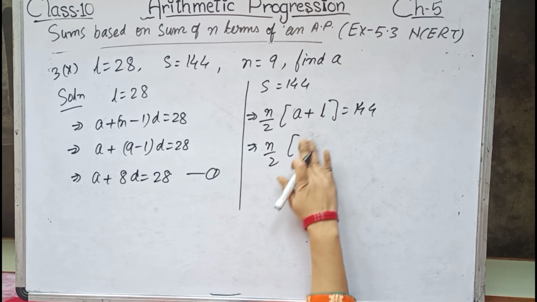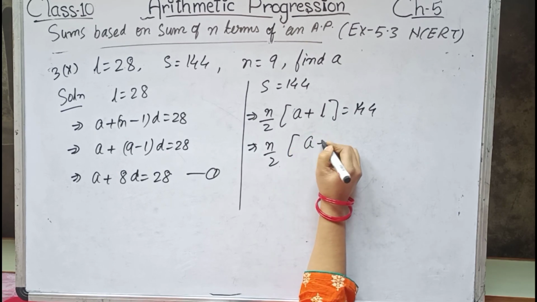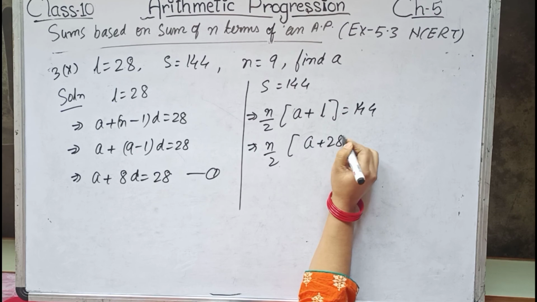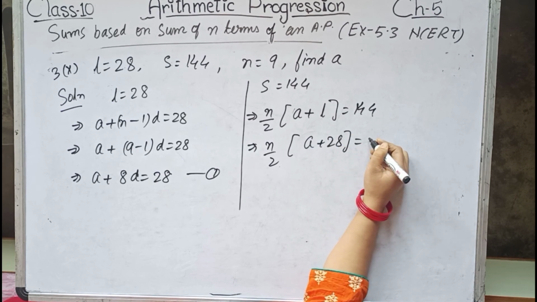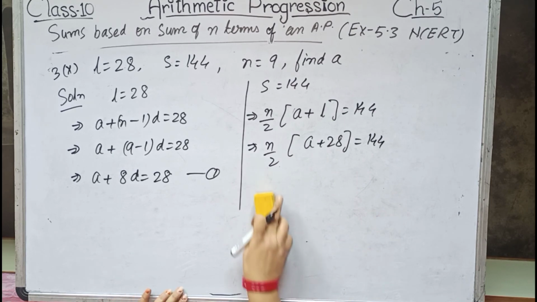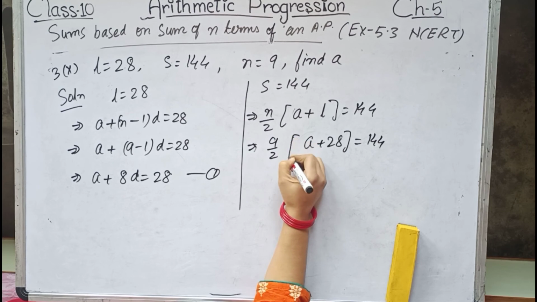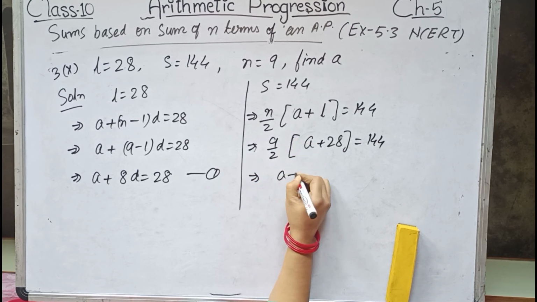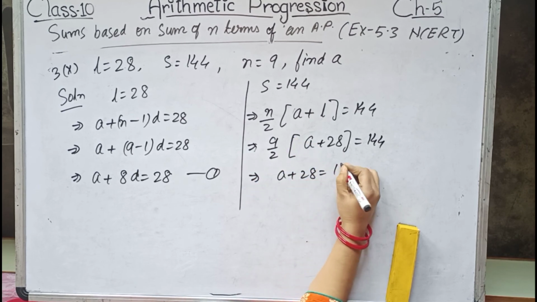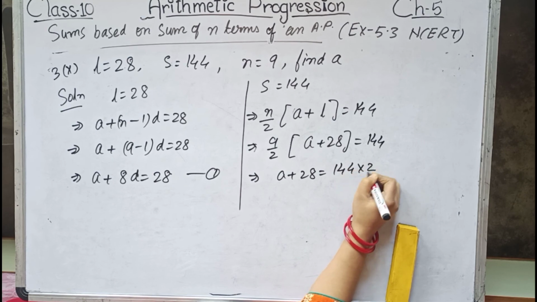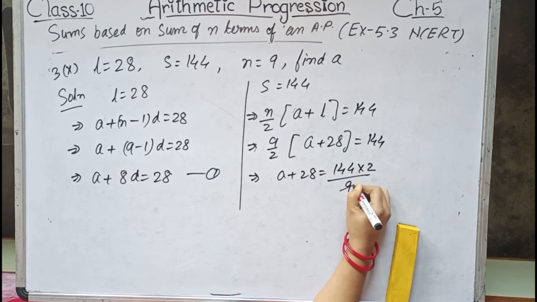First term we don't know. First term plus last term, which is 28, equals 144. And the N value also is given.